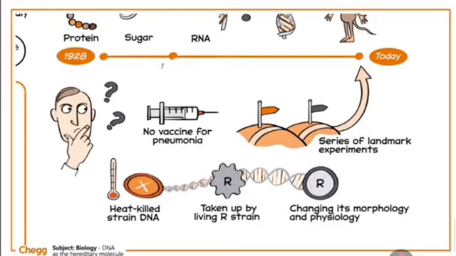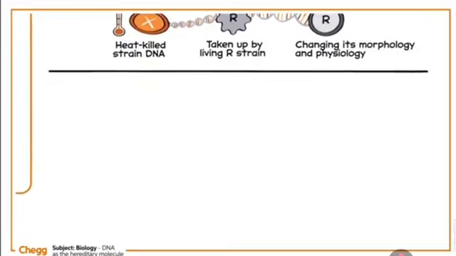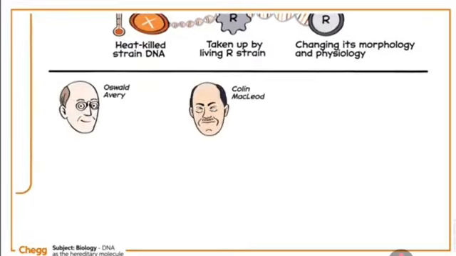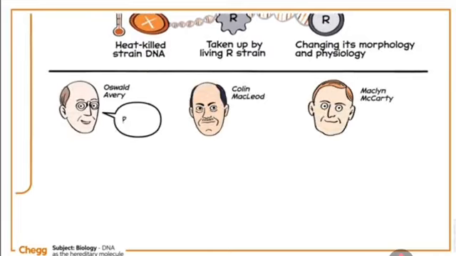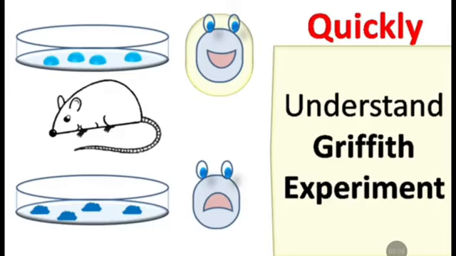But it wasn't until 16 years later that DNA was identified as the transforming principle in another milestone experiment building on Griffith's work. Three scientists, Oswald Avery, Colin McLeod, and Maclyn McCarty, sought to find out if the transforming principle was protein, RNA, or DNA.